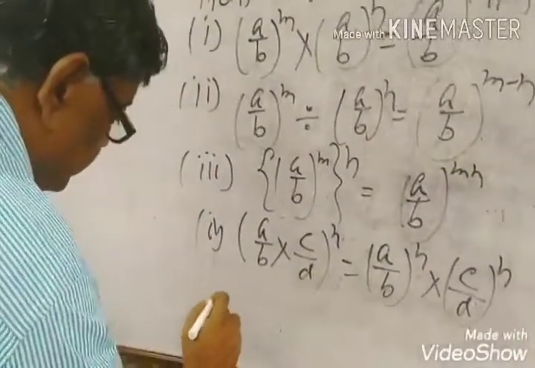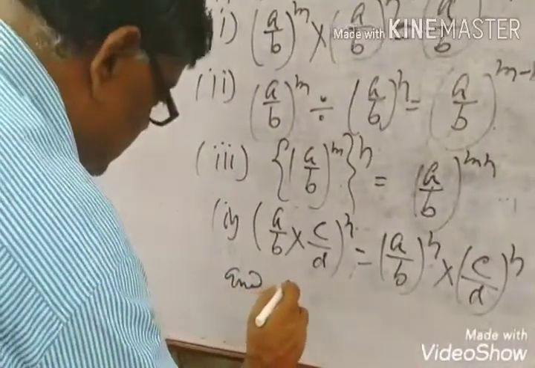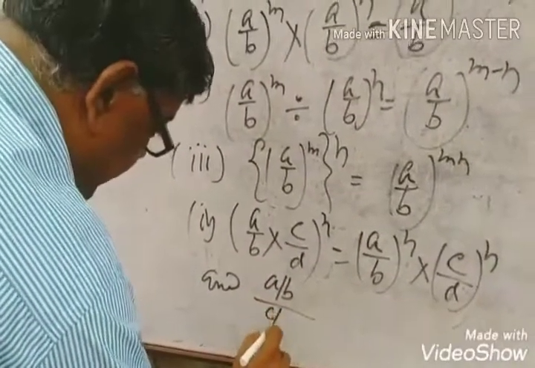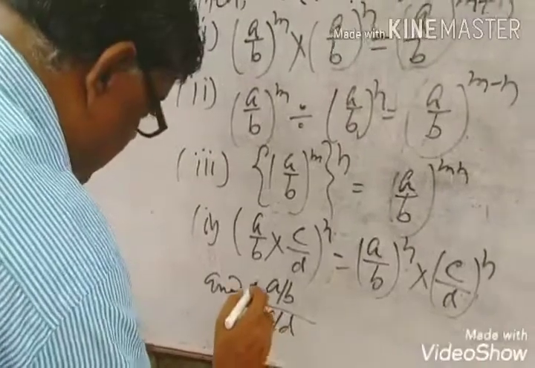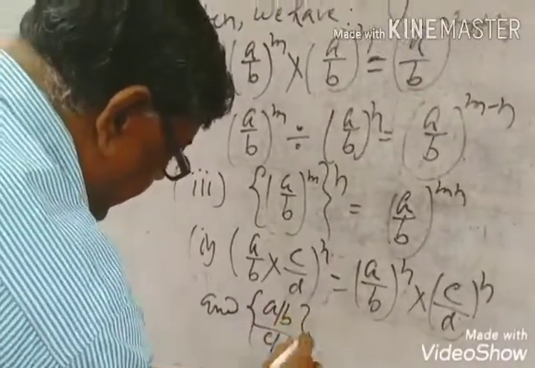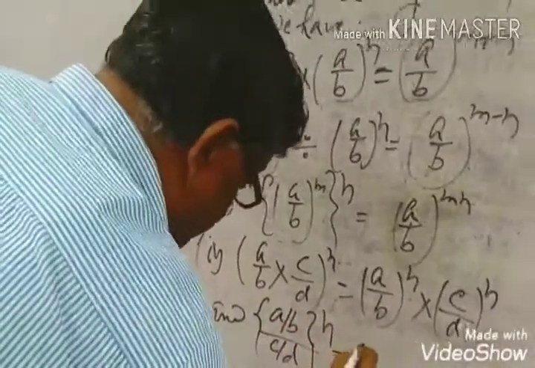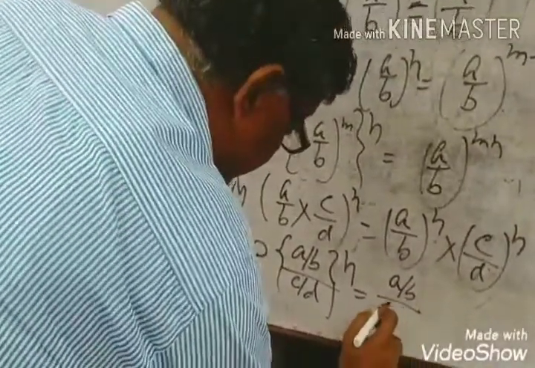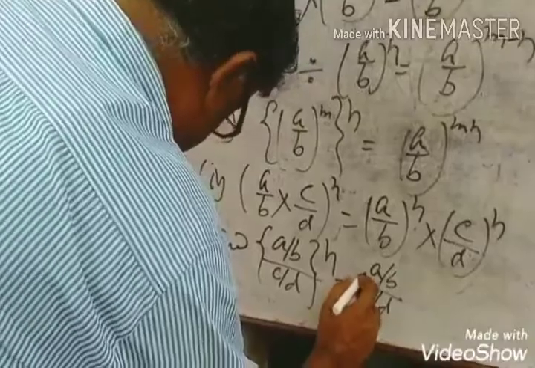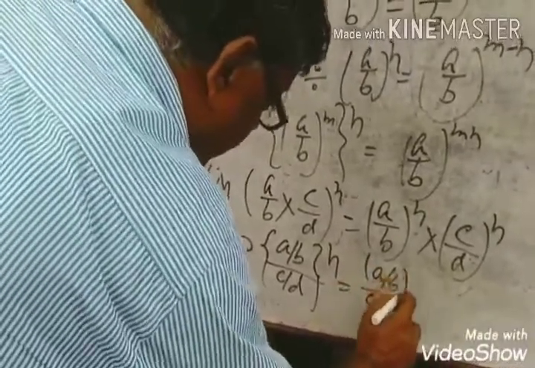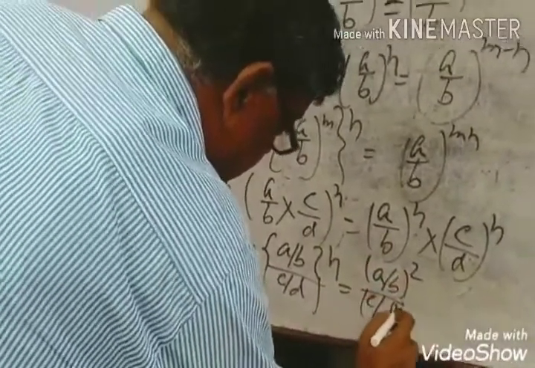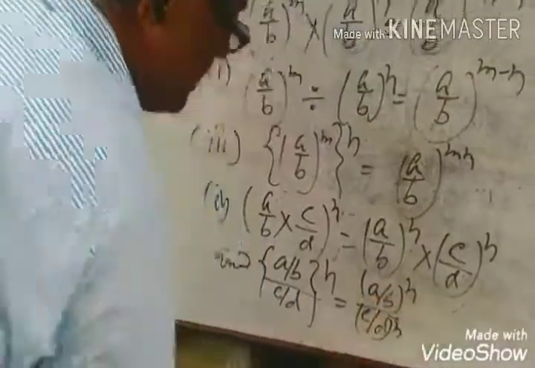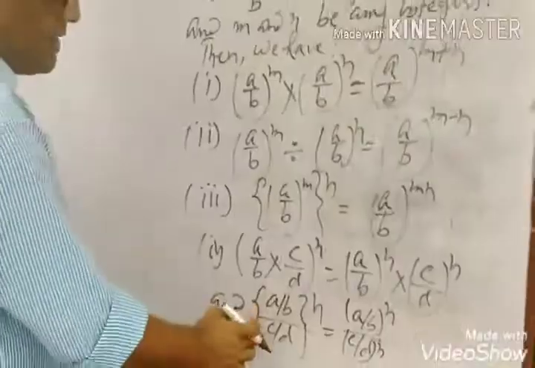And also, (a/b divided by c/d) to the power n equals (a/b) to the power n divided by (c/d) to the power n.